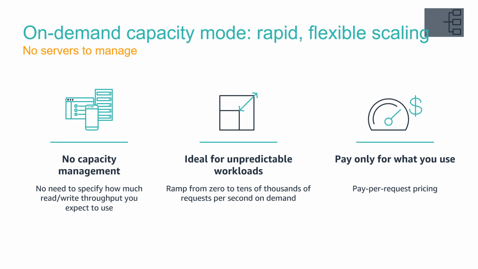And for tables using the on-demand mode, DynamoDB instantly accommodates customers' workload as they ramp up or down to any previously observed traffic level. If the level of traffic hits a new peak, DynamoDB adapts rapidly to accommodate the workload. So again, that's definitely a win-win situation.